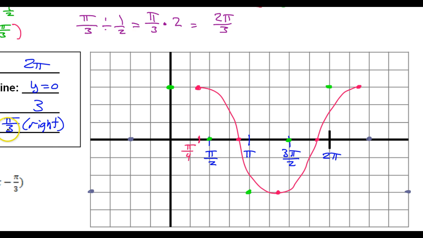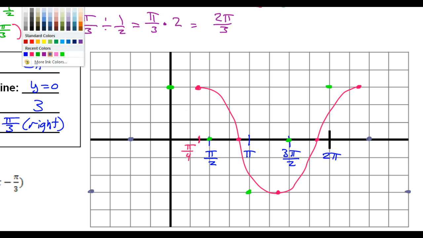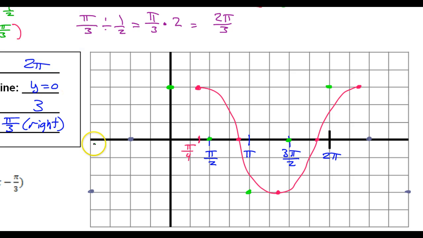Remember, we were moving pi over 3 to the right, and in this case, pi over 3 was more than 1 square to the right. So I'm going to continue that. More than 1 square to the right, more than 1 square to the right, and over here more than 1 square to the right. This one would be off the graph, so I'm not going to worry about it.